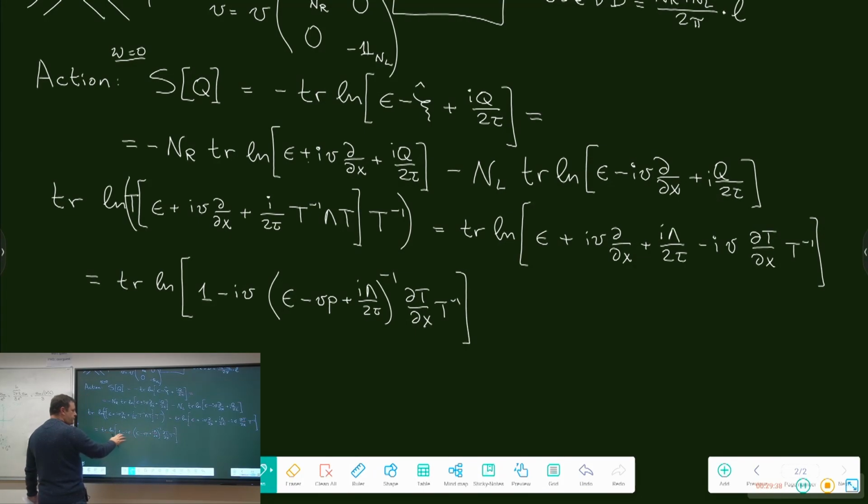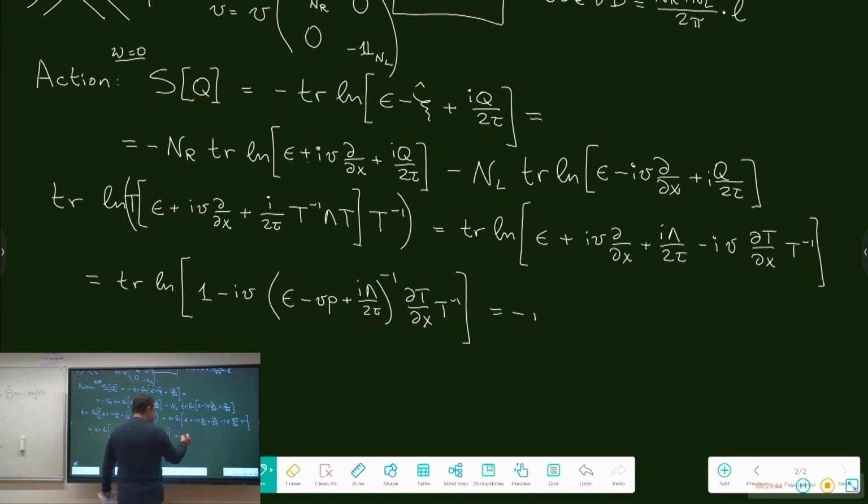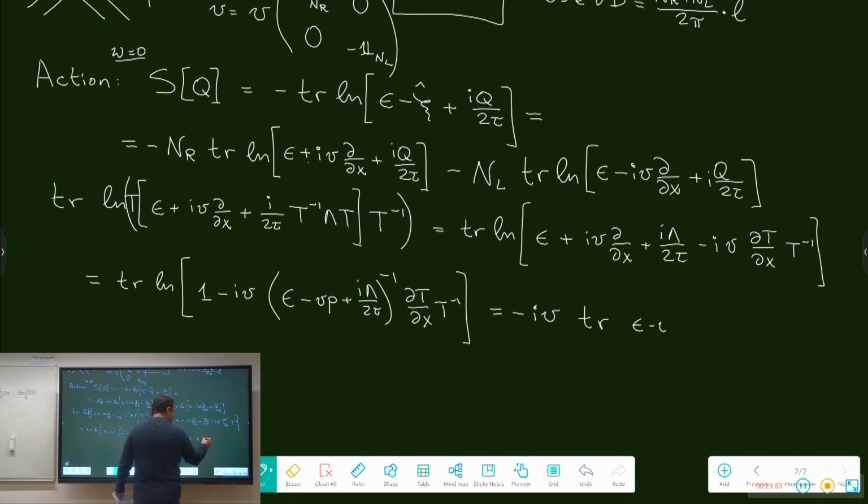I expand the logarithm near the point 1. The first term of this expansion is minus i v times the trace of epsilon minus v p plus i lambda over 2 tau, inverse, times dT by dx times T inverse.